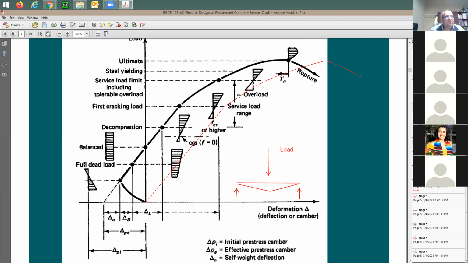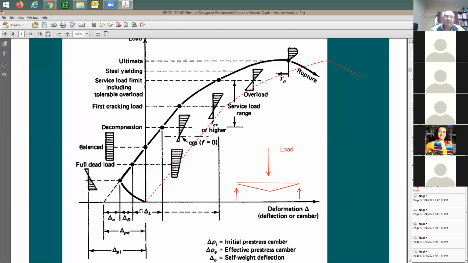Some load, some deflection. And then at a certain point, it's going to reach the maximum, which is the nominal capacity. After that it's going to start to fail. The beam here is failing, so you're going to see lots of deflection and a drop in the load capacity. Now it makes sense. This red dashed line is going to be the conventional concrete beam performance.